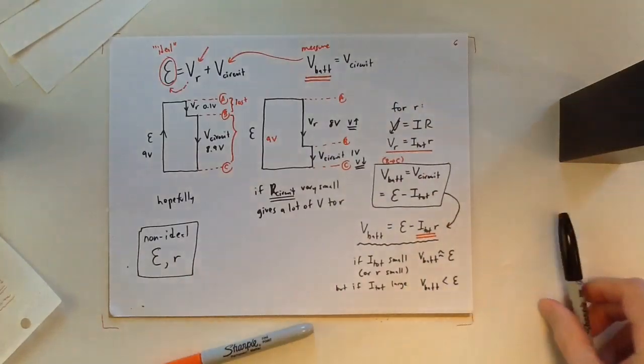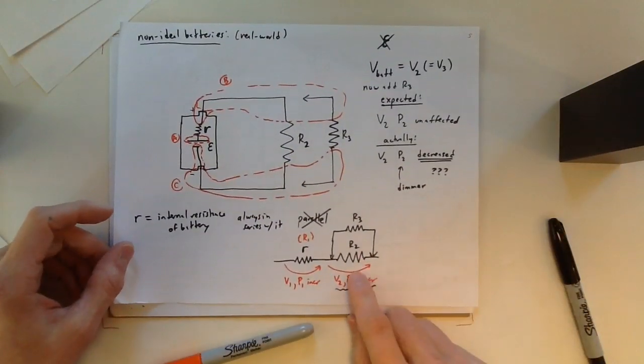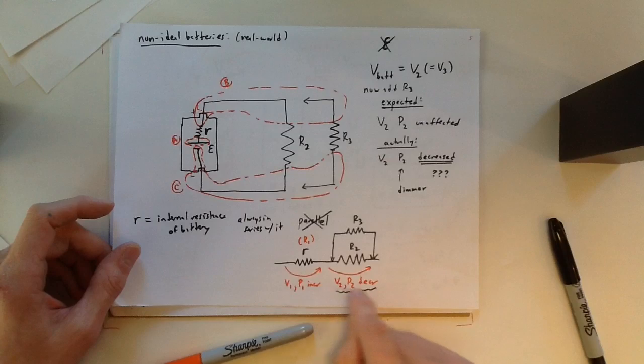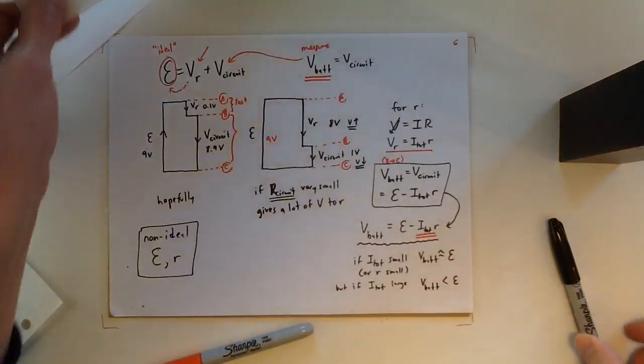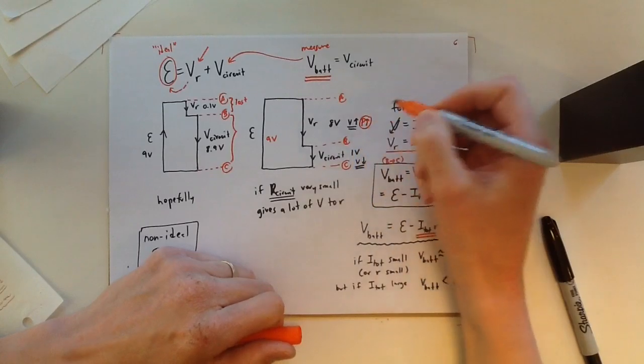Now remember that if the voltage on the first piece decreases and the voltage over here increases, the powers go the same exact way. So you are going to be dissipating a lot of power over here as well.